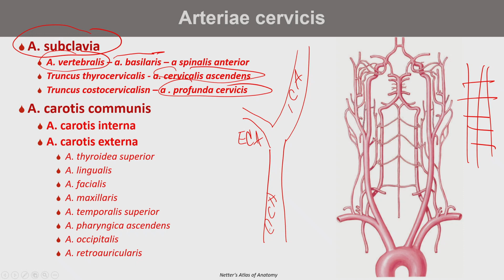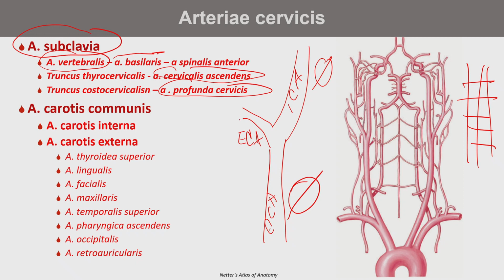Typically, the external carotid artery is going anterior, and the internal is going dorsomedial. But it could sometimes be a little bit different. This is the most common. Here are no branches. Then important is that in the neck region the internal carotid also has no branches.